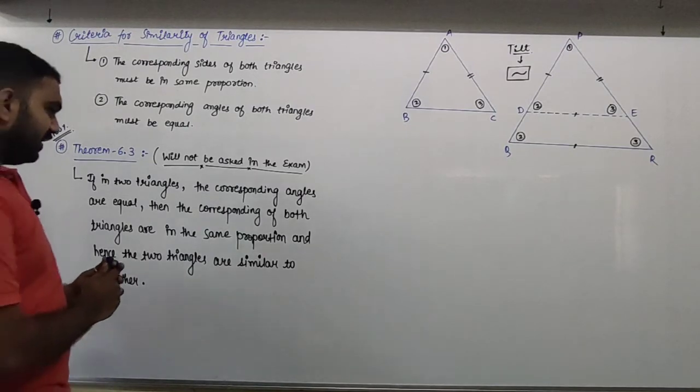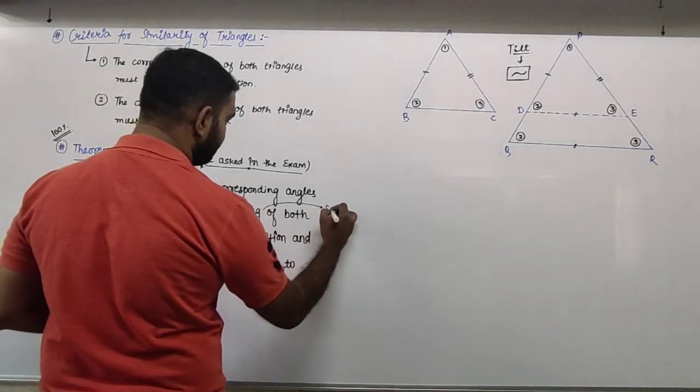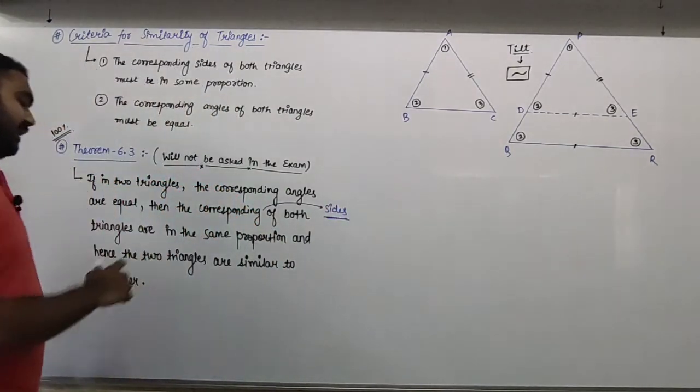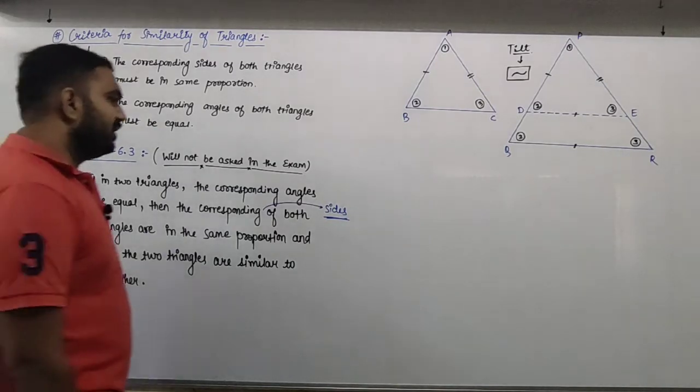So I forgot to write down the sides here. The corresponding sides of both the triangles are in same proportion and hence the two triangles are similar to each other. That is theorem number 6.3.